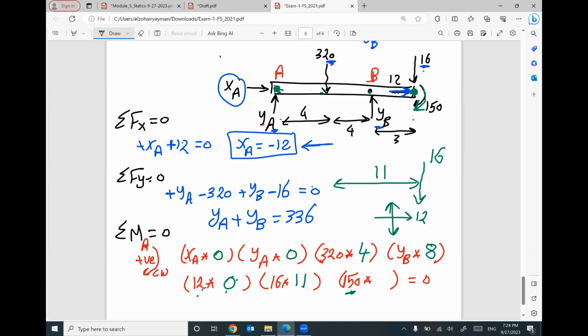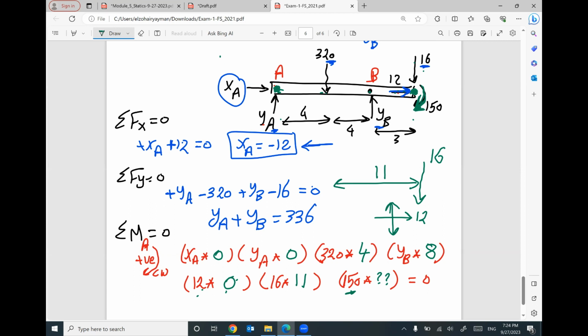At the same point, 12 does not have a vertical distance. 16 has a horizontal distance of 11. What about 150? Any help?